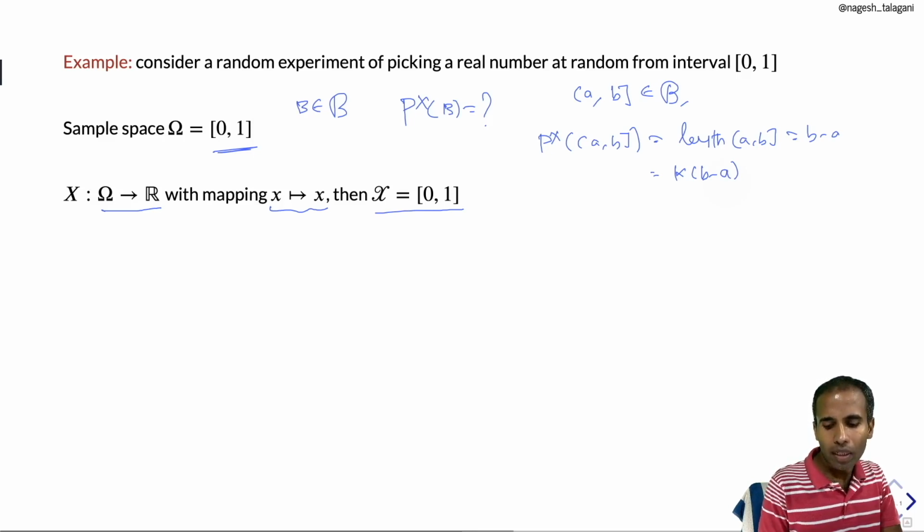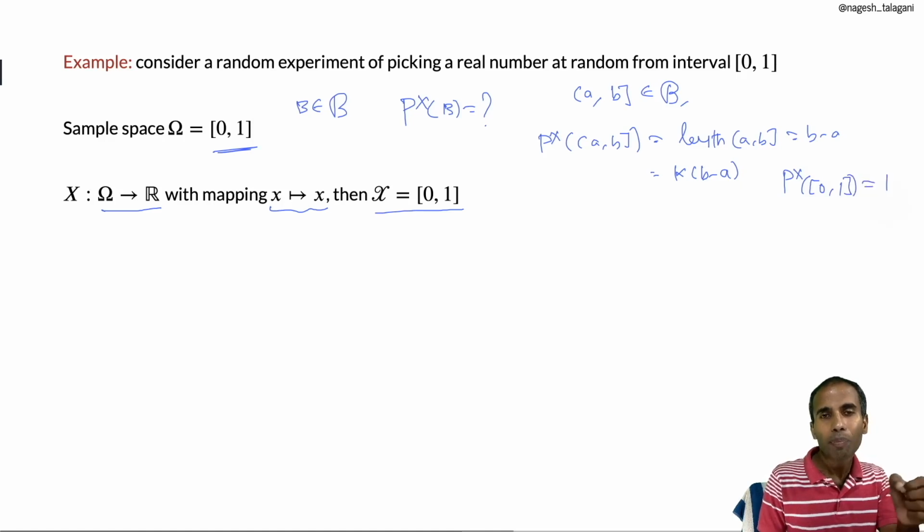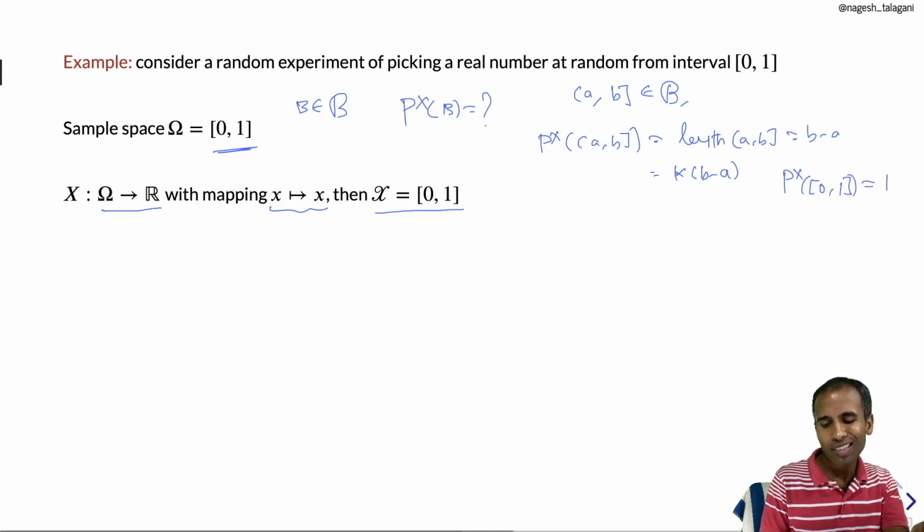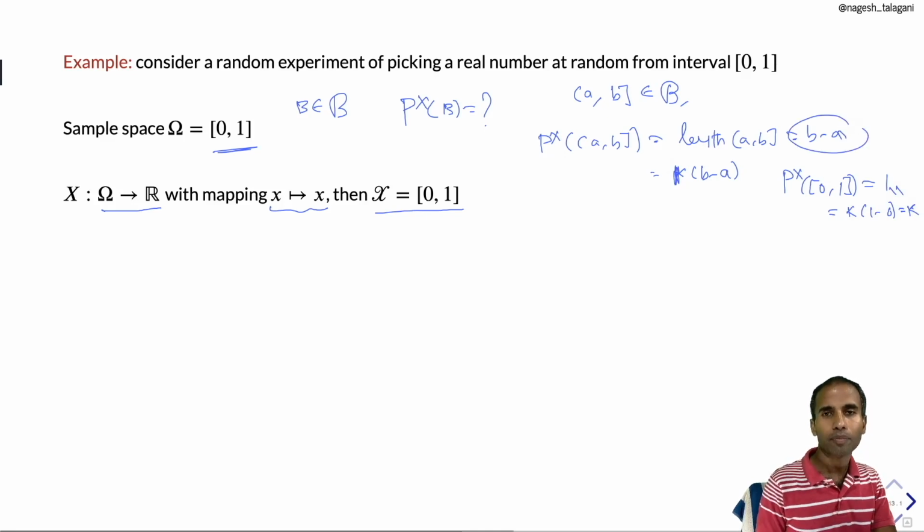And we know that the probability of the interval [0, 1] should be equal to 1, because we pick a number from the interval [0, 1]. It is a sure event, right? According to this, it should be k times (1 minus 0), which is k. That is, this should be equal to 1. So k must be equal to 1. This makes sense.